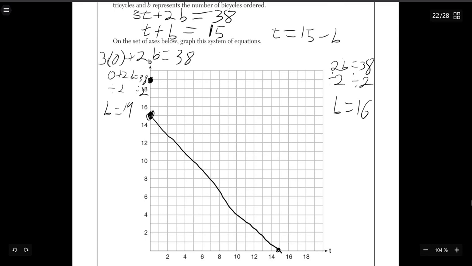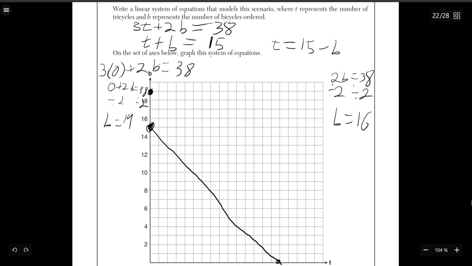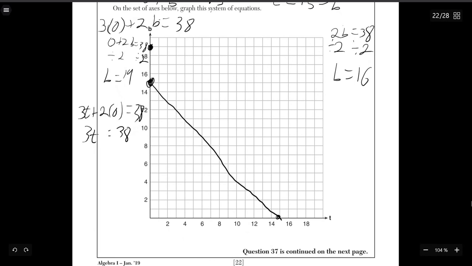Now let's figure out when b is 0. Well, that's actually not going to be possible, because then you're going to get 3t equals 38, and 38 isn't divisible by 3. So we need to have at least one bike.